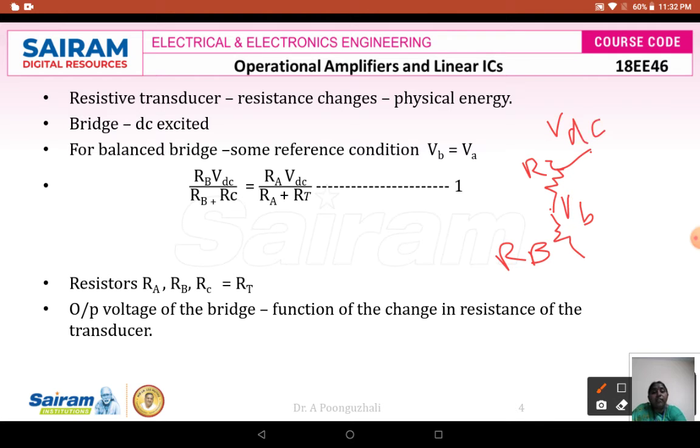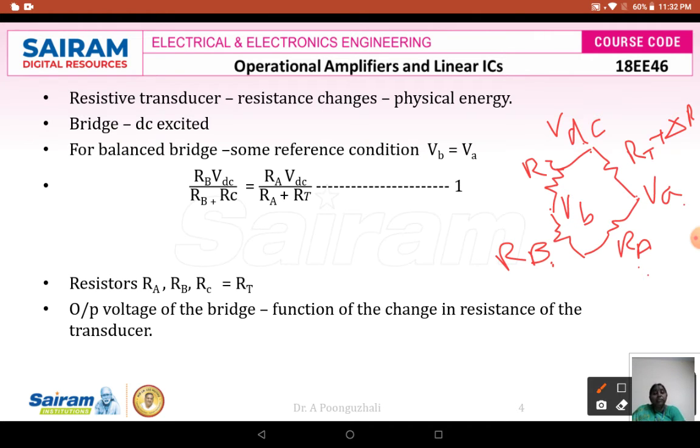So I want to find out VB. So VB is nothing but VDC into RB divided by RB plus RC. Similarly, this side, if I look, this is going to be your RT plus del R, and here I am going to have your RA. So the voltage at this point is going to be VA. So VA is equal to VDC into RA divided by RA plus RT. That is your resistive transducer there.